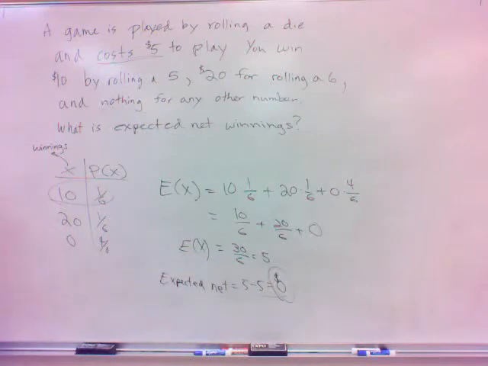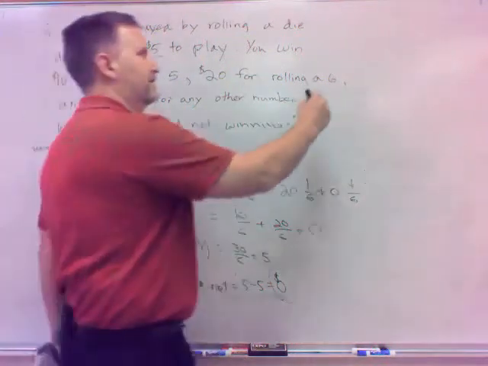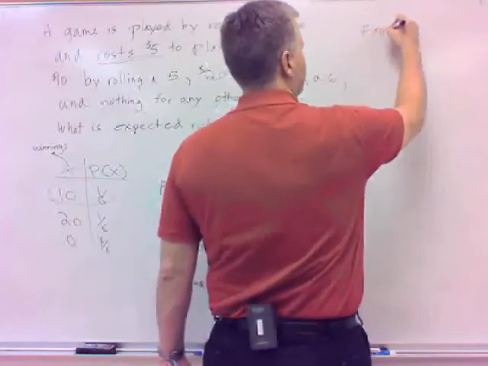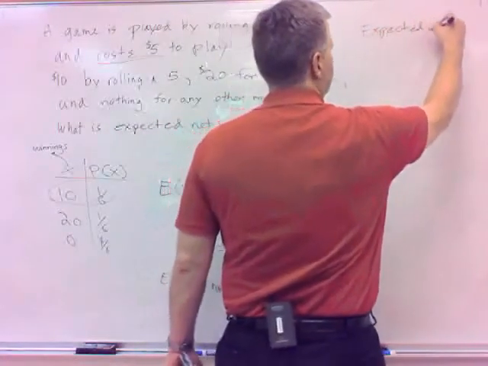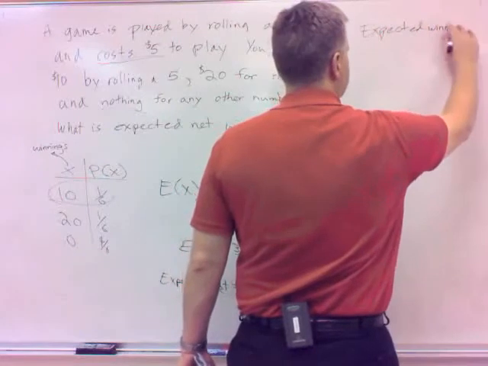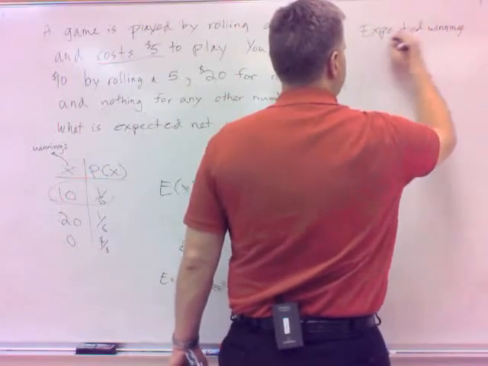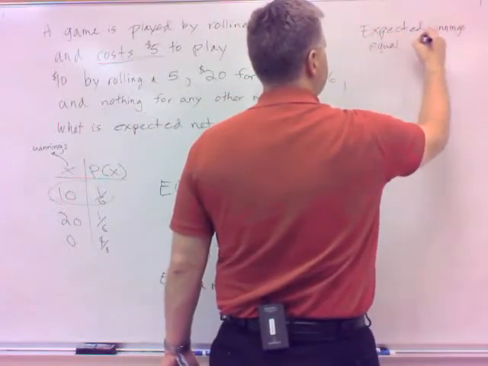So this is called, from a mathematical standpoint, a fair game. If the expected winnings is 0, it's called a fair game.